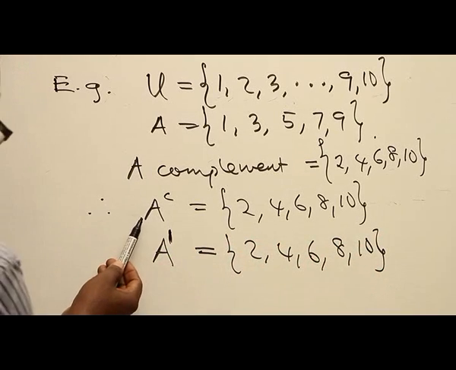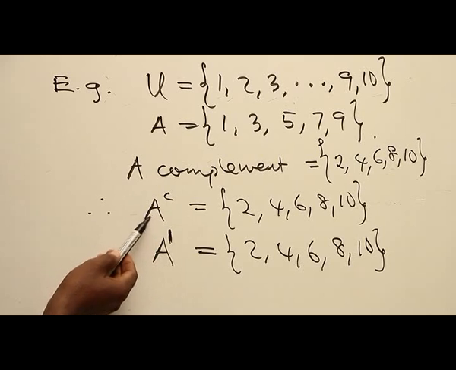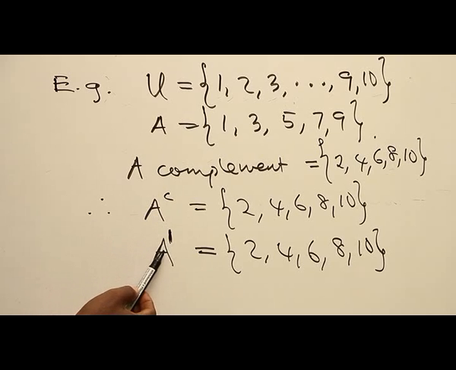Observe that we can use A complement the way I've written it here, or A prime the way I've written it here. Both of them are synonymous, they are the same, referring to the complement of a set.